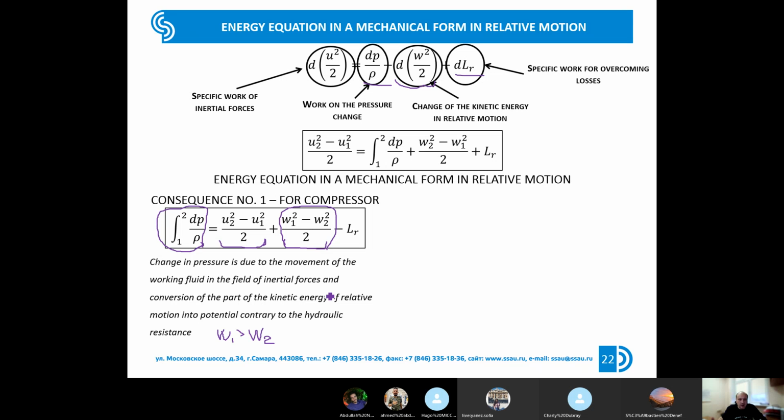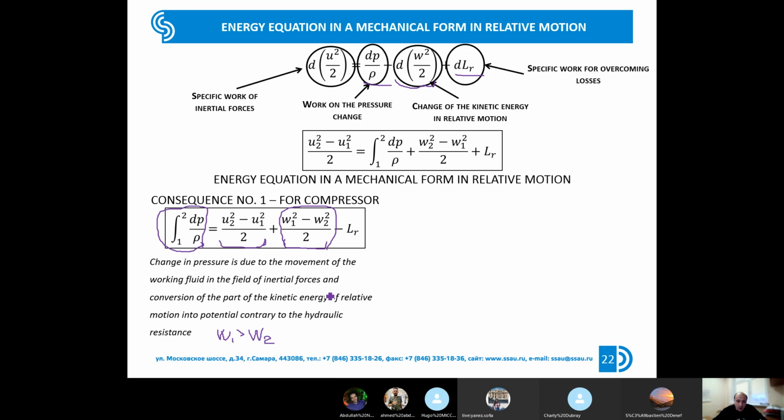In other words, you will break the flow in relative motion. So it's a really important equation. We will discuss it in a few minutes, but you understand that this equation explains why the pressure is increased in the compressor. And of course the second question, how to realize it in a real construction, but we will discuss it in the next chapter.